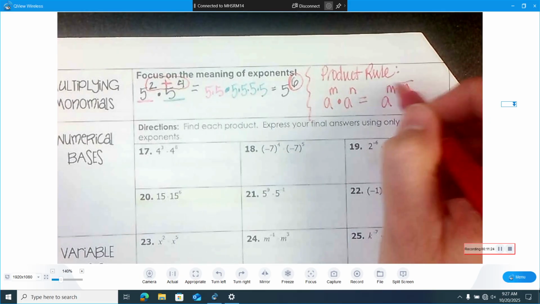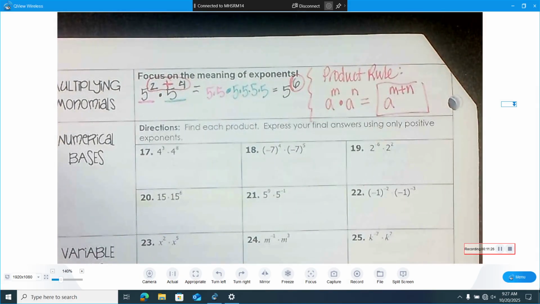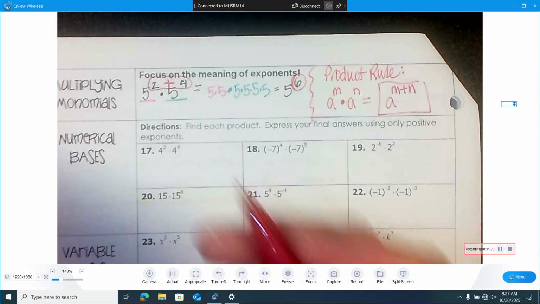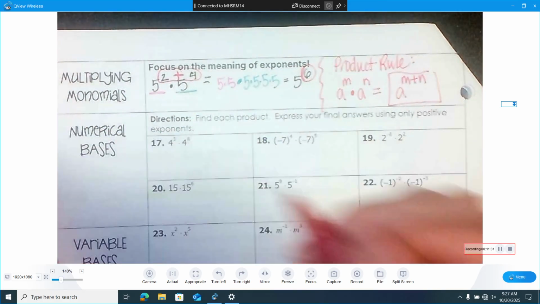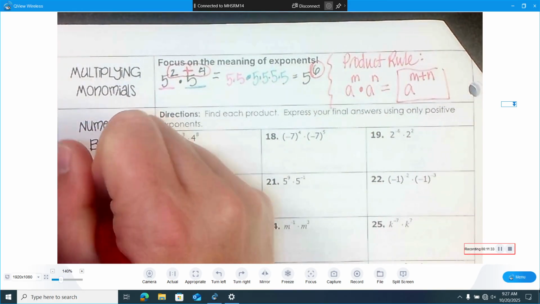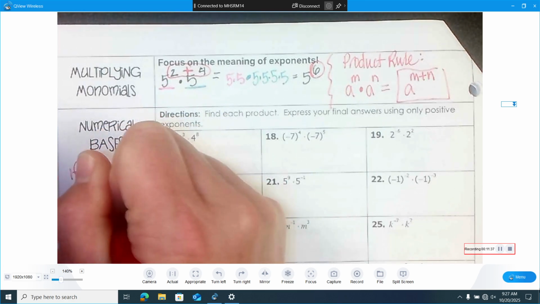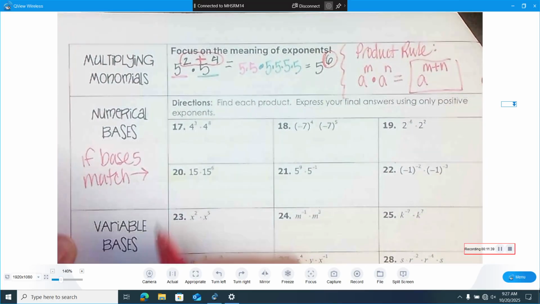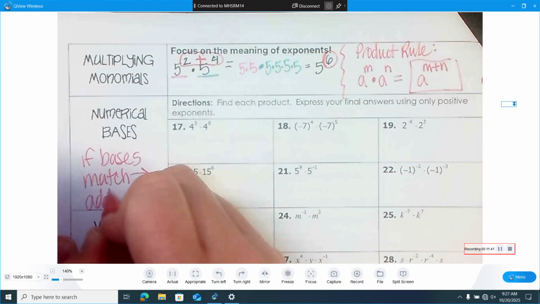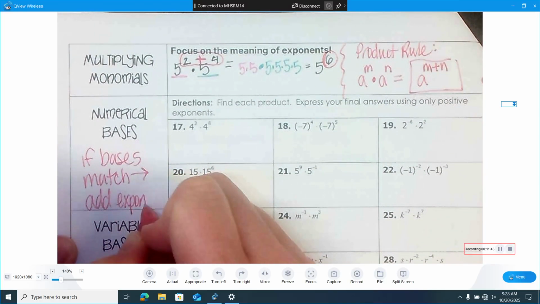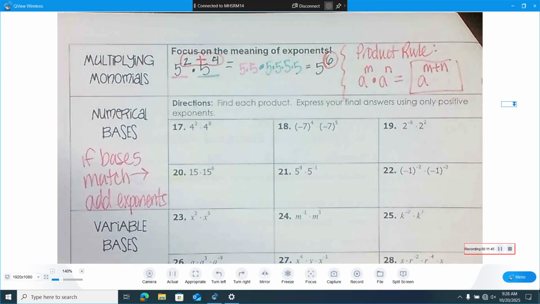That is the product rule. All we have to do is add the exponents. So I like to write that out in words. If the bases match, then add exponents. That's all we have to do. If the bases match, add the exponents.